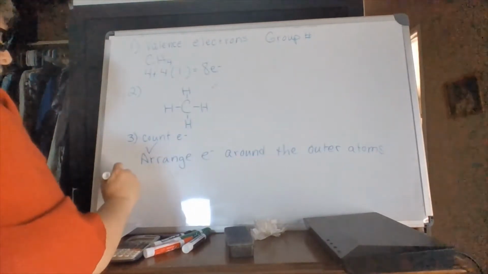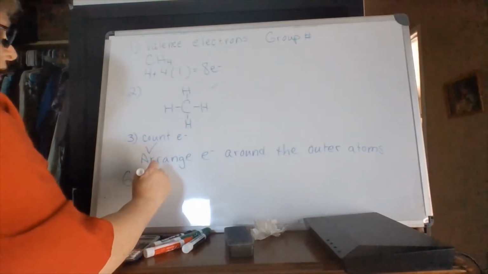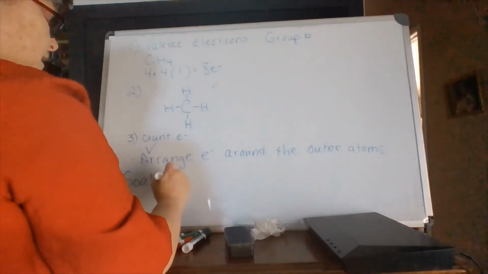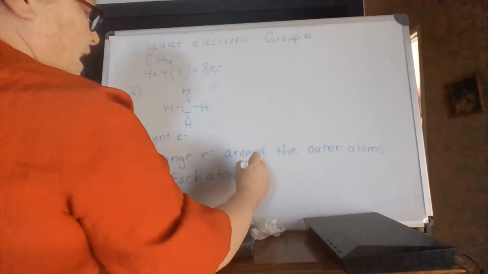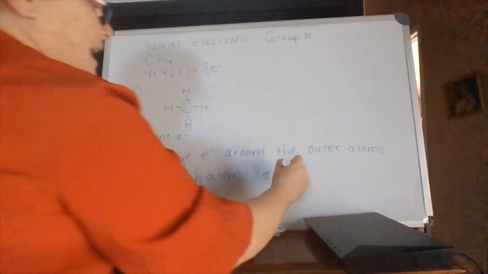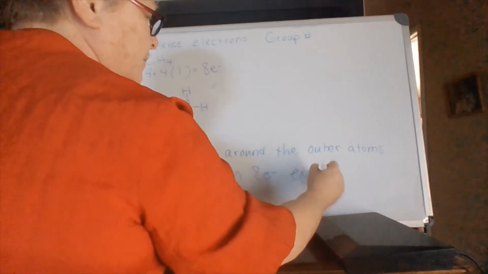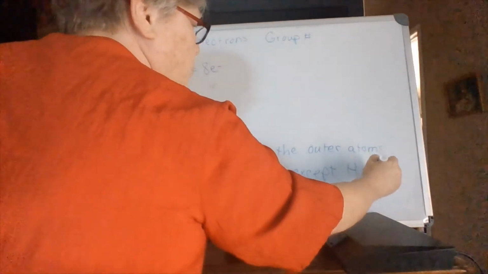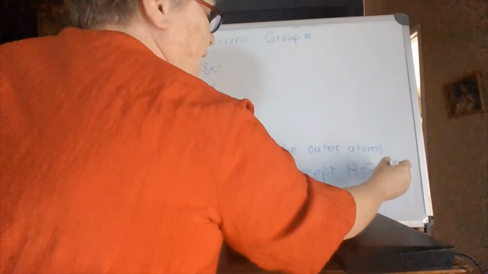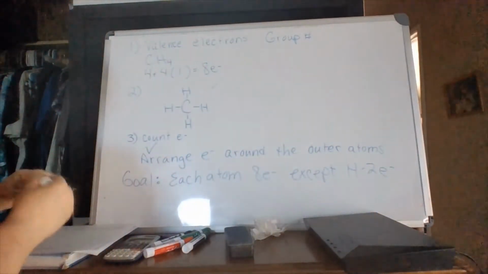And our goal is for each atom to have an octet. Each atom should have 8 electrons, except hydrogen, because it has 1 orbital, it can only have 2 electrons.